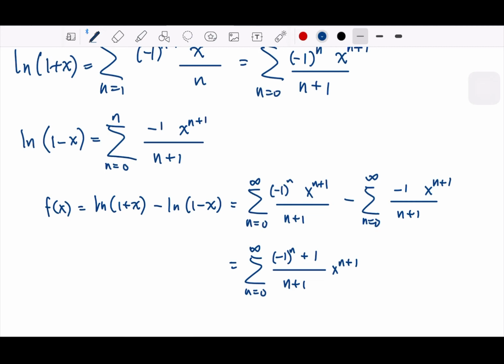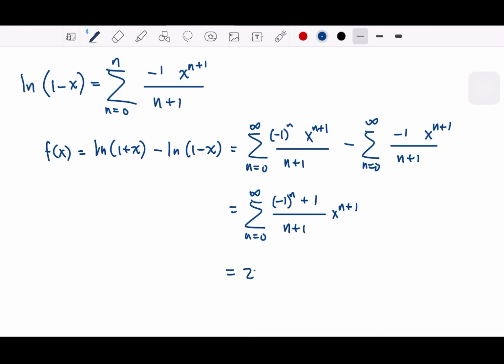So check 0, it becomes 2x. Okay. Check for n equal 1. For n equal 1, 3, 5, 7, it's becoming 0, right?